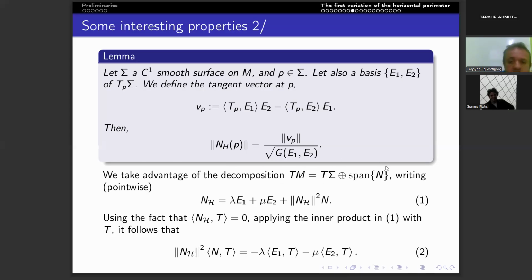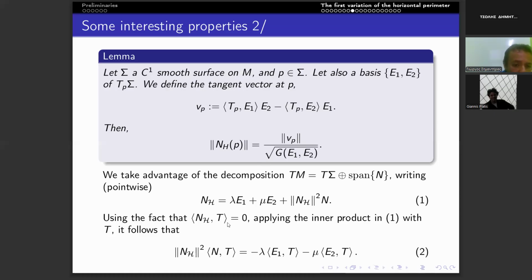We take advantage of the decomposition of the tangent bundle TM into the tangent parts of sigma and the normal parts here. Then we can write the projection of the normal unit vector to the horizontal space as a combination of a tangent component and a normal component. So we just need to find these two coefficients, lambda and m, and take the norm in order to prove this identity here.